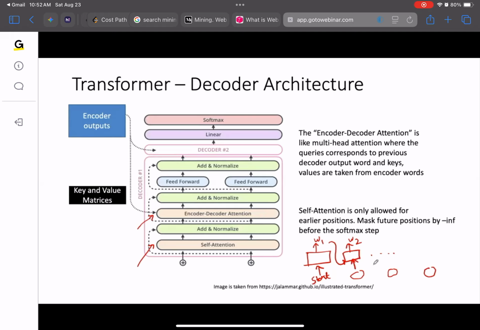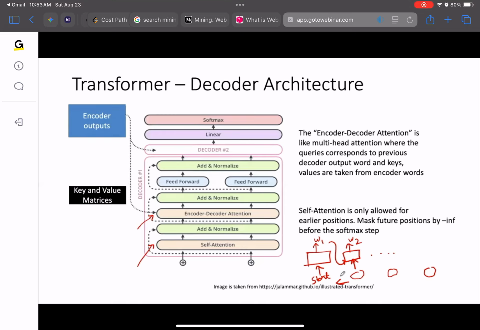We cannot use the third, fourth, fifth words, etc. We can only use the words prior to the second word. So that's one aspect in which the self-attention in the decoder is different from what we have seen in the encoder. So to ensure that we don't calculate the scores for the future words, or in other words, we assign a score of 0.